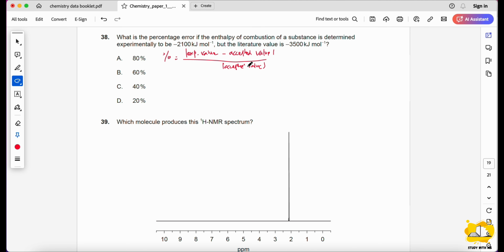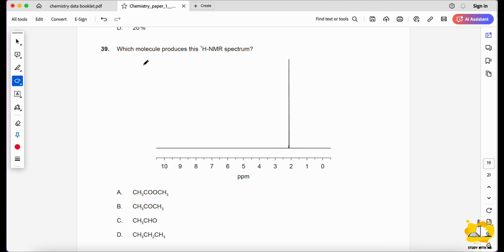So if we plug in, it will be 2100 minus 3500 divided by 3500 times 100, which would be 40%.